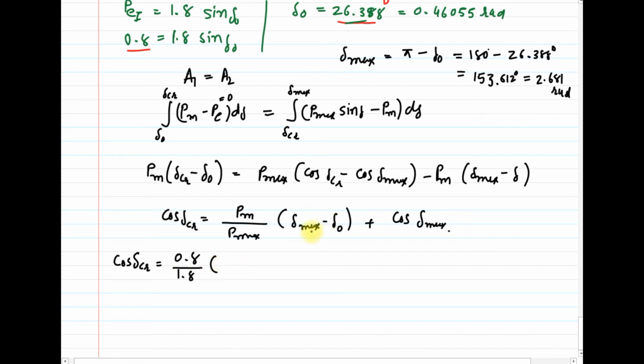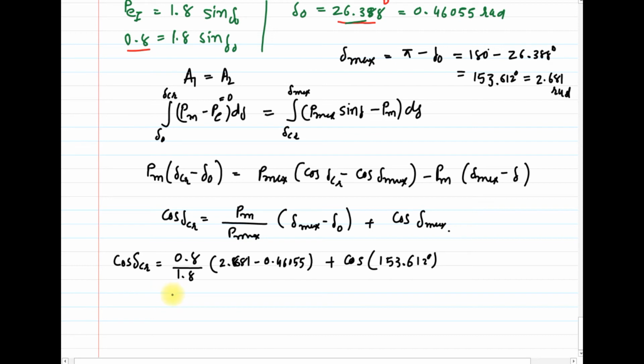Now delta max minus delta 0, so it is 2.681 minus delta 0, which is equal to 0.46055, plus cos of delta max, which is 153.612 degree. Clear?